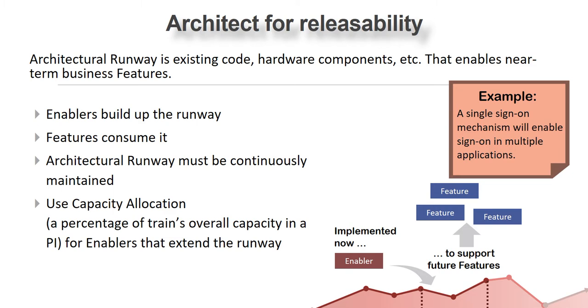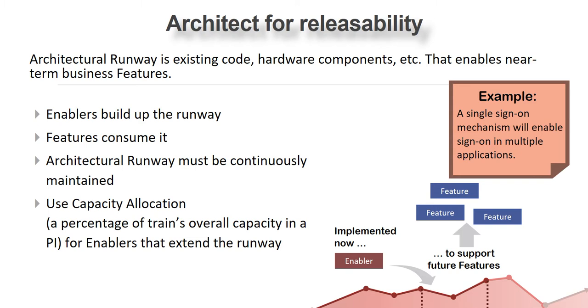The architecture always gets defined for a PI or two PIs altogether, and it is not for the whole project. It is always evolving and flexible to change, and the changes can get addressed all the time, and hence it is called an architectural runway. Things take off from this runway.